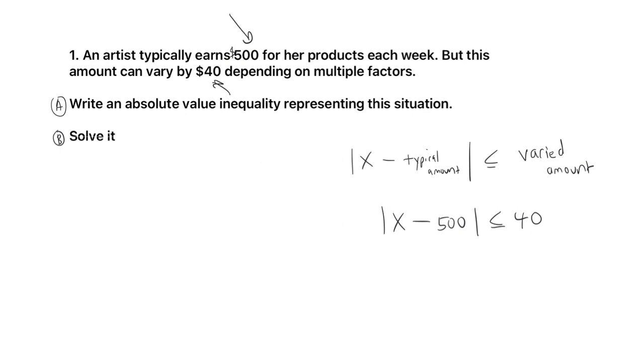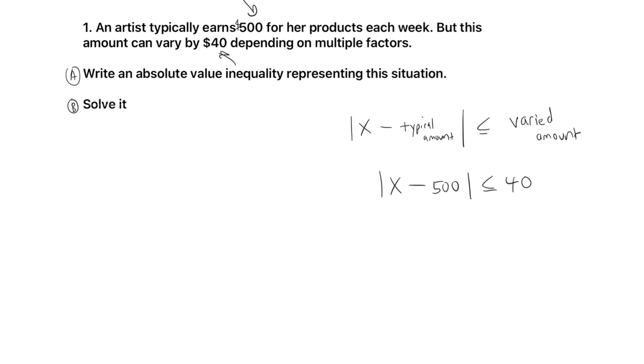And then they want you to solve it. What I would strongly recommend is to drop the absolute value symbols and preserve the original inequality. But I would also go off to the side or underneath and flip the inequality and then flip the sign of this number here.